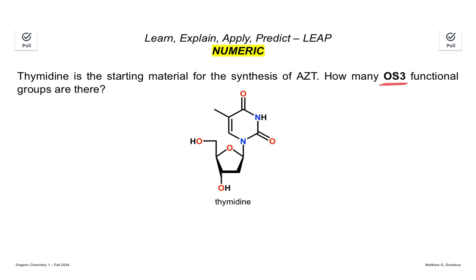And then what about oxidation state 3? How many of those are there? Just 1, that would be the amide. And then oxidation state 4, which for carbon is the highest oxidation state.